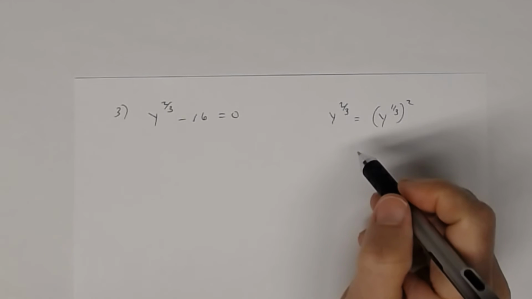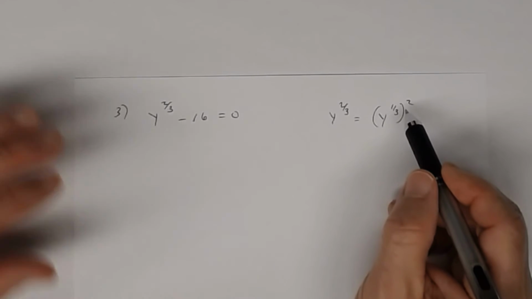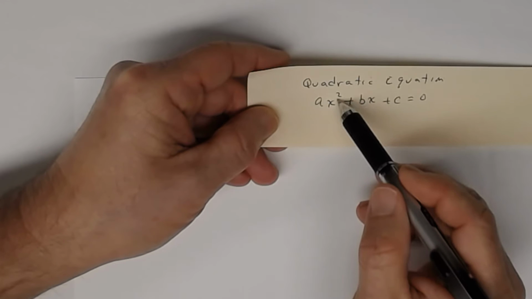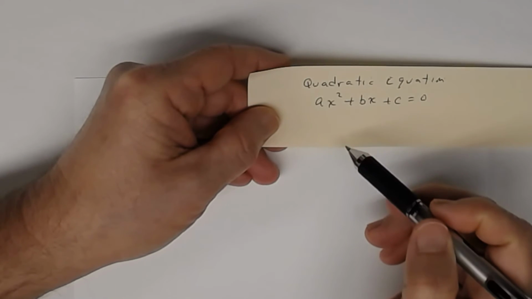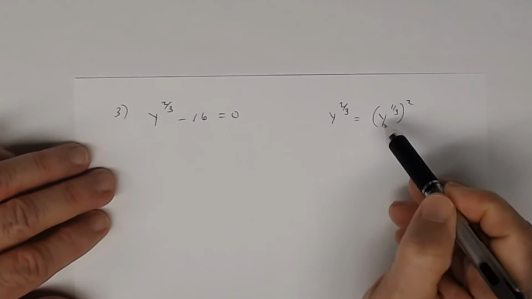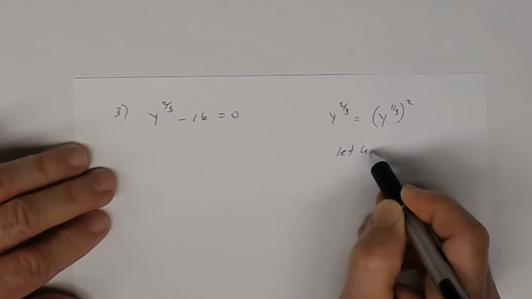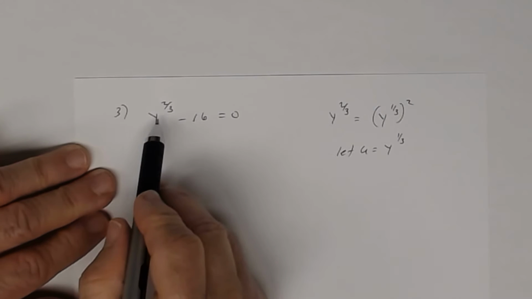The reason why I want to write it like this is because I want to get a quadratic equation. So if I'm going to get a quadratic equation, I need that variable, that base, to be raised to the second power. And so now what I'm going to do is let u equal y to the 1/3. And once I do that, notice what happens.